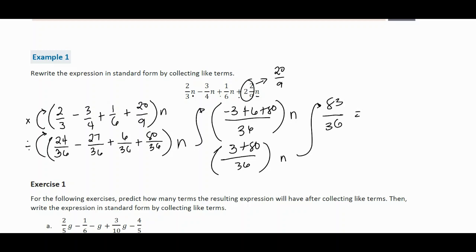Now we can simplify that. We cannot simplify it in that way, but rather we can just change it into a mixed form, which will be 2 and 11/36. Oh, don't forget the n.